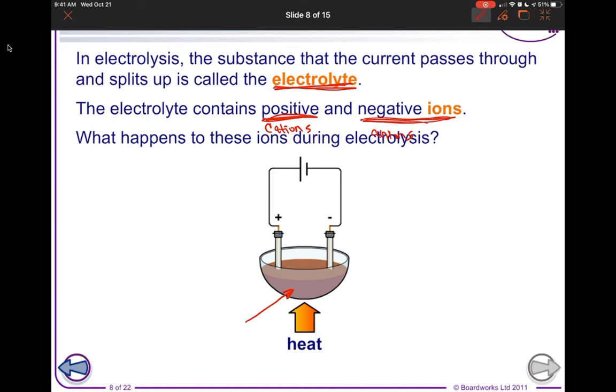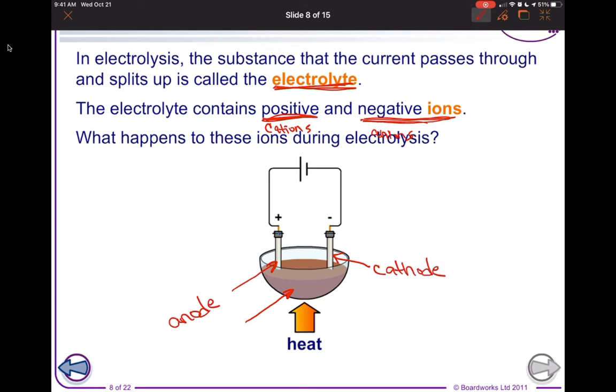First, let's label our diagram here so that you know what I'm talking about. So remember my positive electrode, remember these things that are in my electrolyte are called my electrodes. My positive one, do y'all remember what it's called? Positive is my anode. The negative electrode is my cathode.